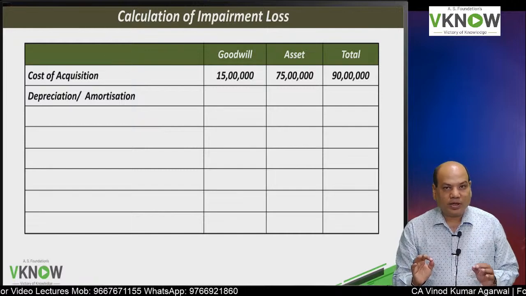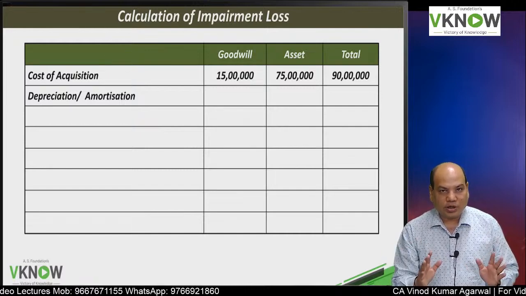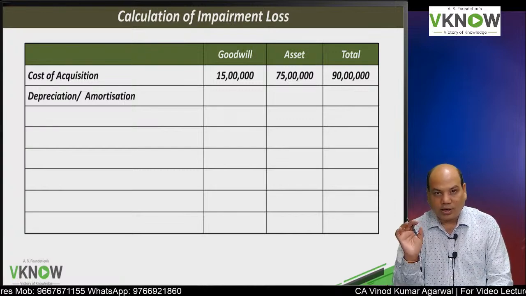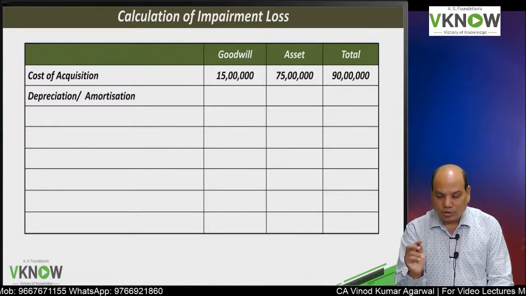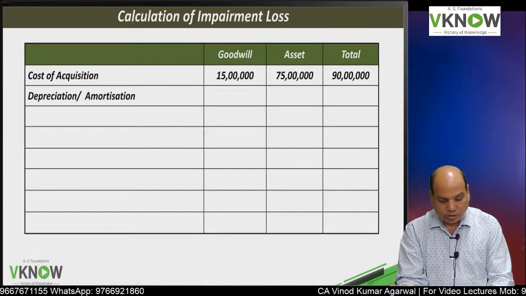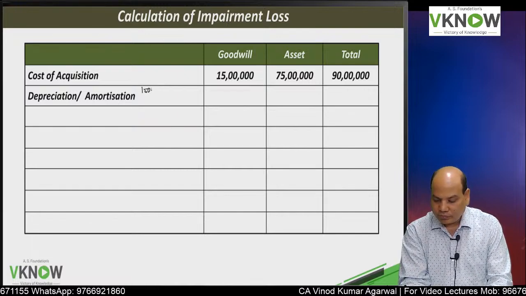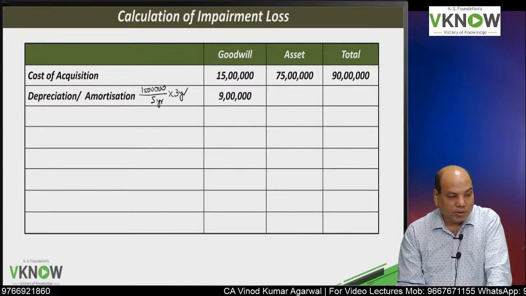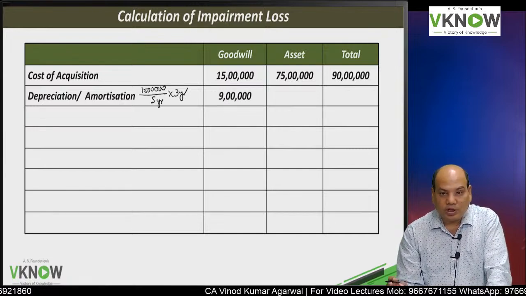So we are going to provide depreciation on asset, amortization of goodwill. For goodwill amortization, the life is 5 years. Take on your calculator, 15 lakh divide by 5 years into 3 years. So total amortization will be 9 lakh.